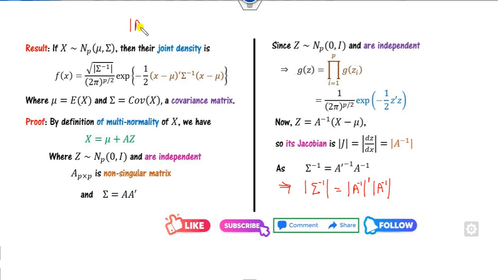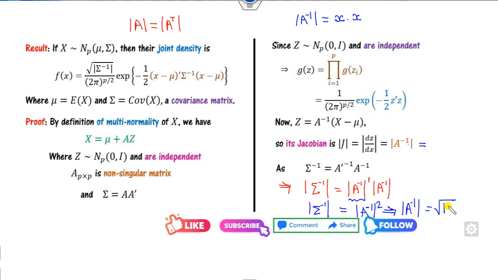We all know the determinant of A and the determinant of A transpose are always the same. So if I call the determinant of this number x, then this is also x. That means this number will be the determinant of A inverse square. So can you find the value of this? From here it will be the root of the modulus of the inverse.